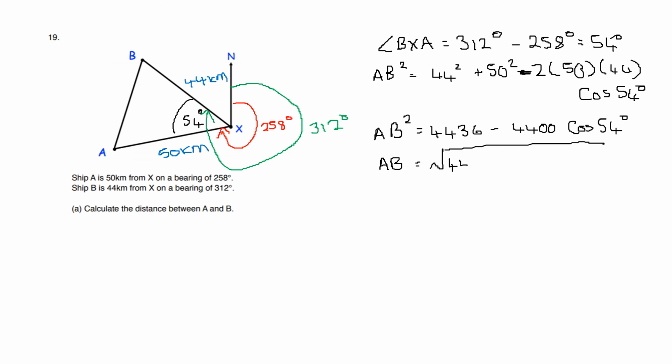So AB will be the square root of 4,436 minus 4,400 cos 54 degrees. So AB will be 43.0 kilometres to 3 significant figures. So the distance between A and B is 43.0 kilometres to 3 significant figures.